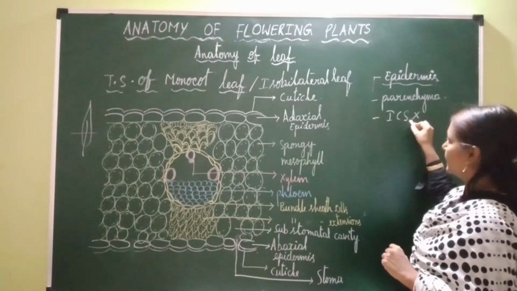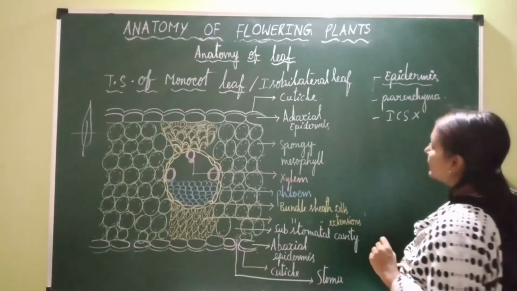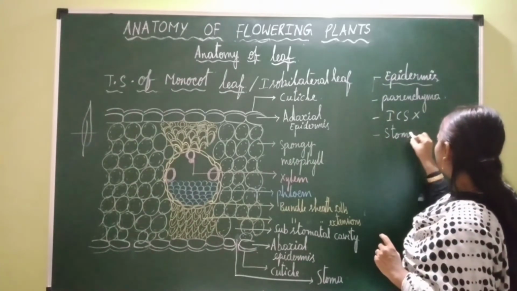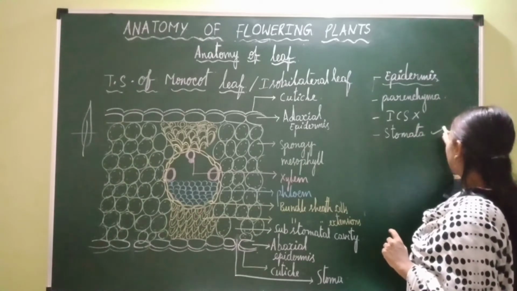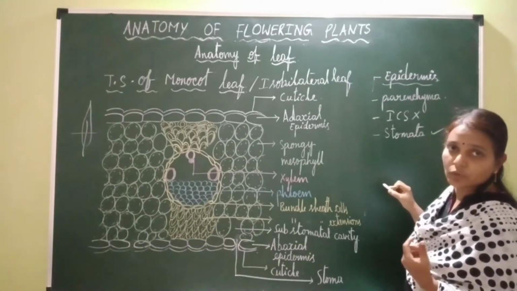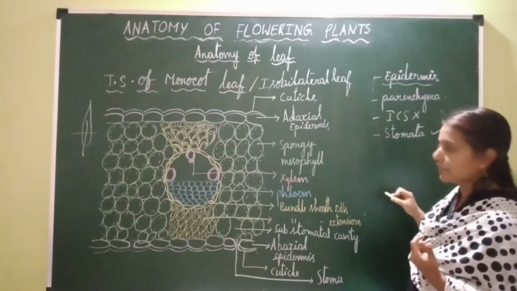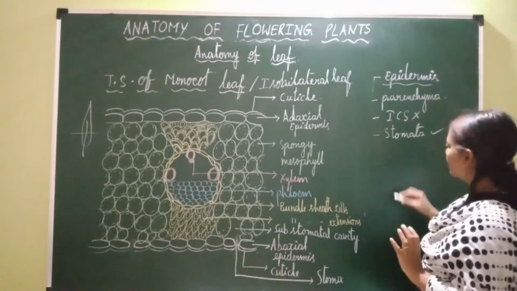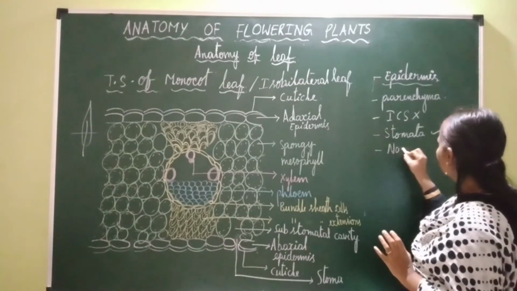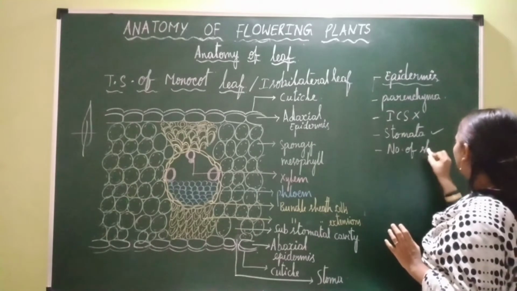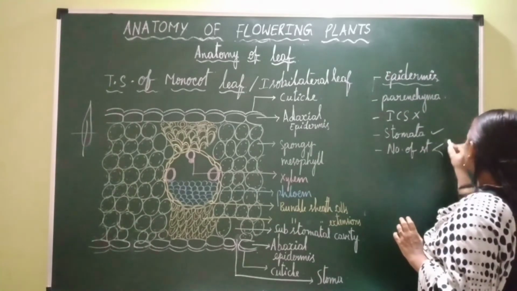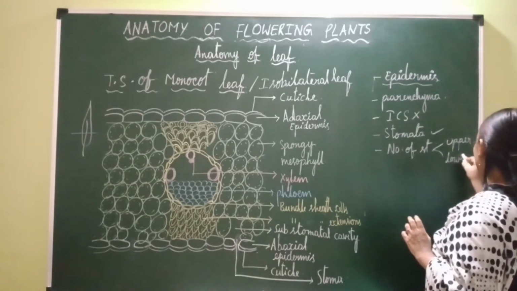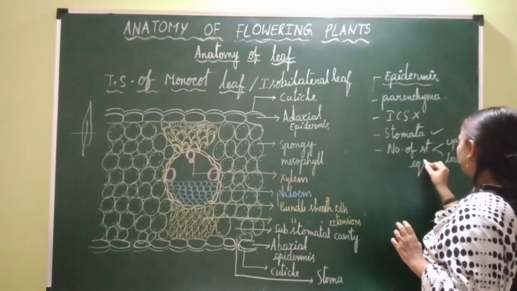I am writing it as ICS. And in this epidermis, stomata are present. We know what stomata are. The stoma is the organ involved in transpiration and gaseous exchange. Here on both the upper and lower epidermis, stomata are present, and the number of stomata in the upper and lower epidermis is almost equal, right?